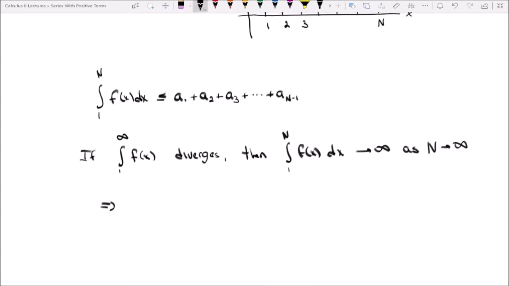What this means is that the sequence of sums also tends to infinity. Right, so the partial sums also tend to infinity, which implies that the series diverges.